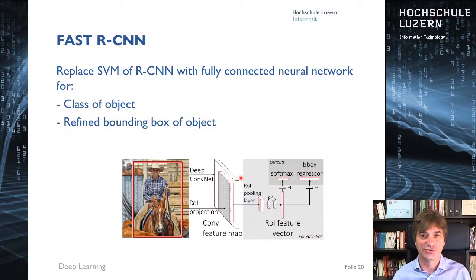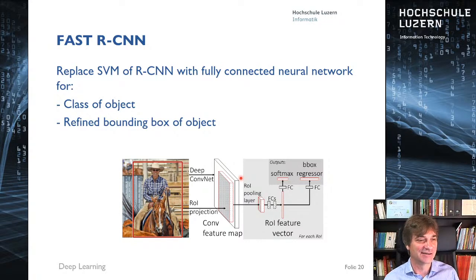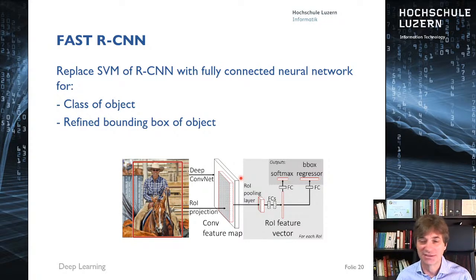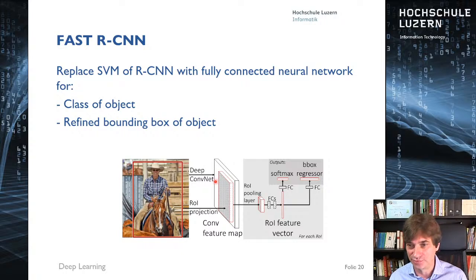So what could you do next? I think quite a natural next step is that you kick out the support vector machine and instead use a fully connected neural network. And also to bring those problems together, the classification and the bounding box detection, you also put that in your network so that you can use it for both.